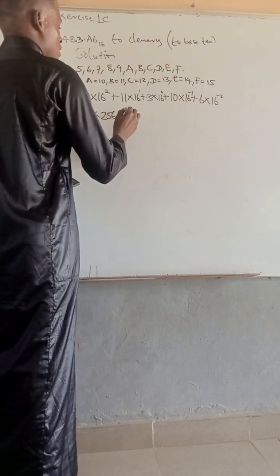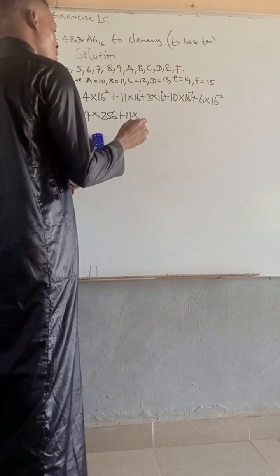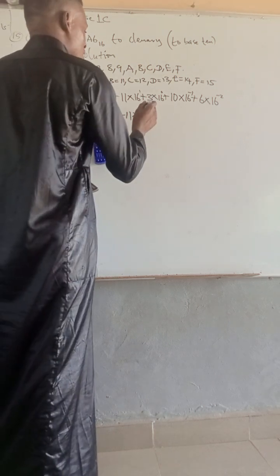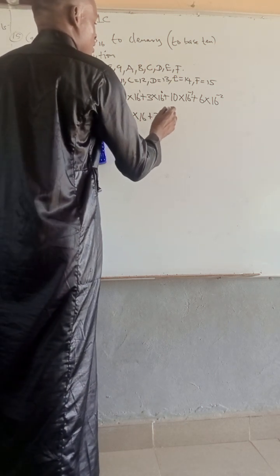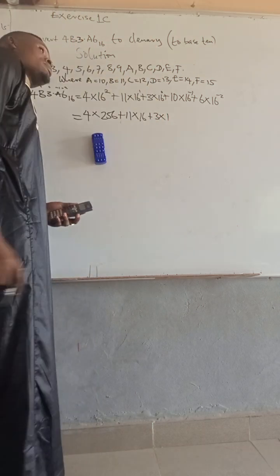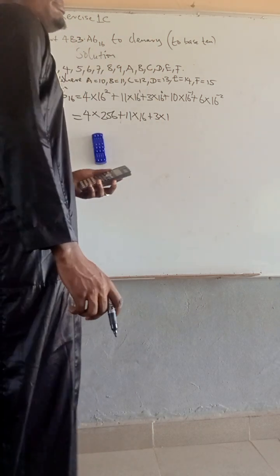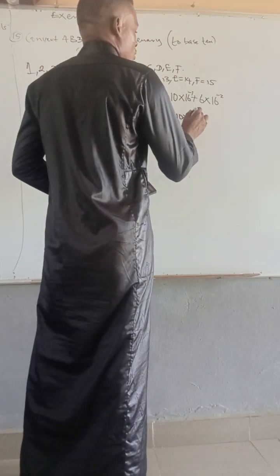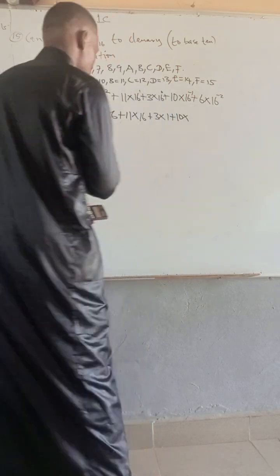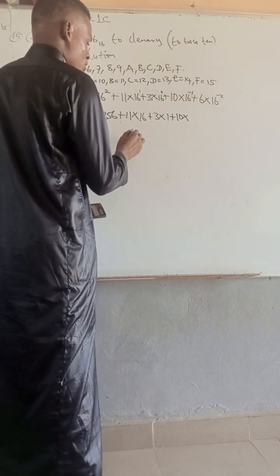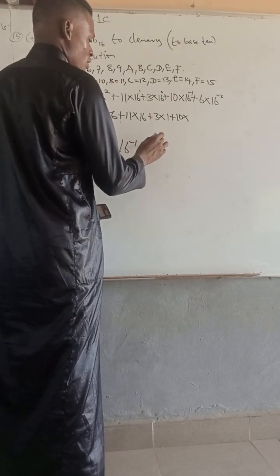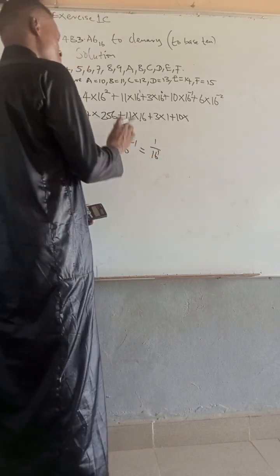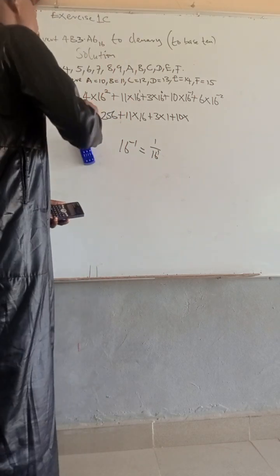256 plus 11 times 16 to power 1, which is the same thing as 16. Any number to the power of 1 is that number itself. So we have 16 plus 3 times 1. 16 to power 0 is equal to 1. Any number to the power of 0 is equal to 1. Plus 10 times 1 all over, that is, 16 to the power of -1 is the same thing as 1 all over 16 to power 1. This negative power is telling us that it is the inverse.